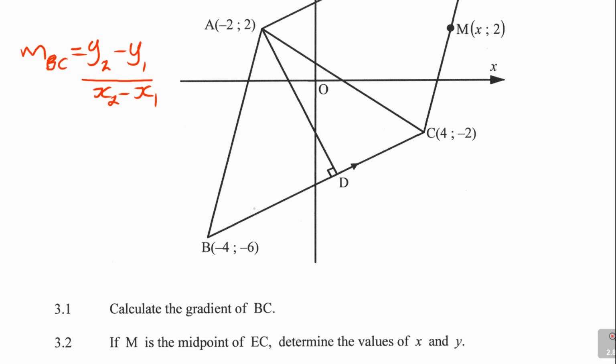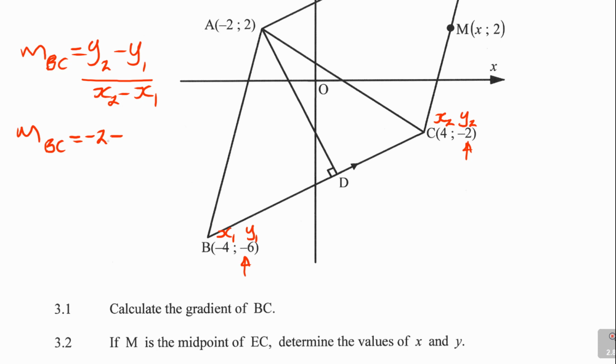Now we come to B. We can say let B be x and y. Those are coordinates, but we'll call it x1, y1. And then C will become our x2 and y2. So gradient of BC is equal to y2, which is my -2, minus y1, which is my -6.